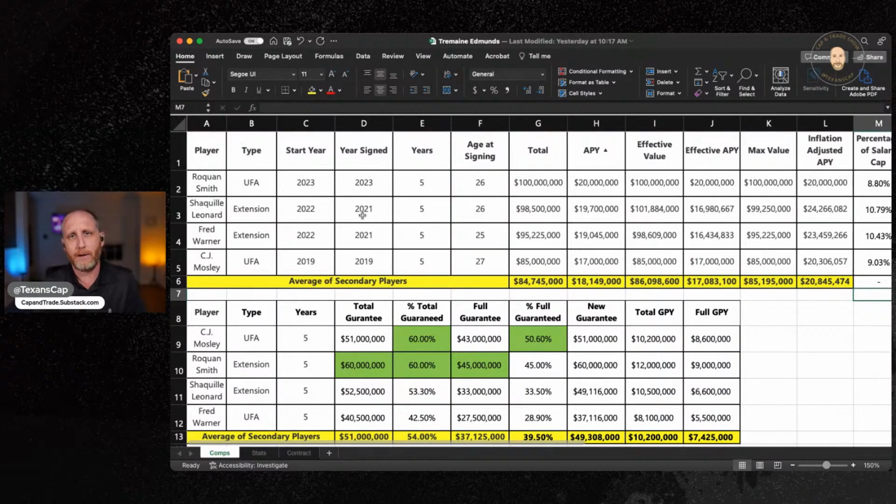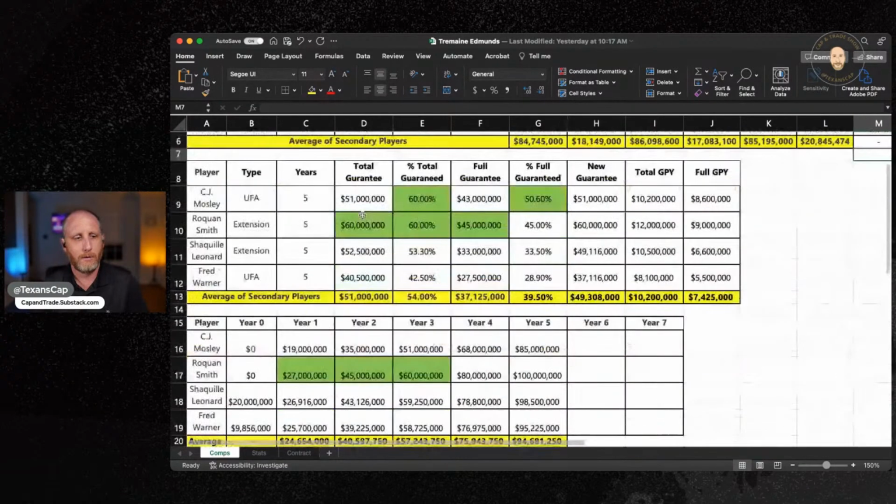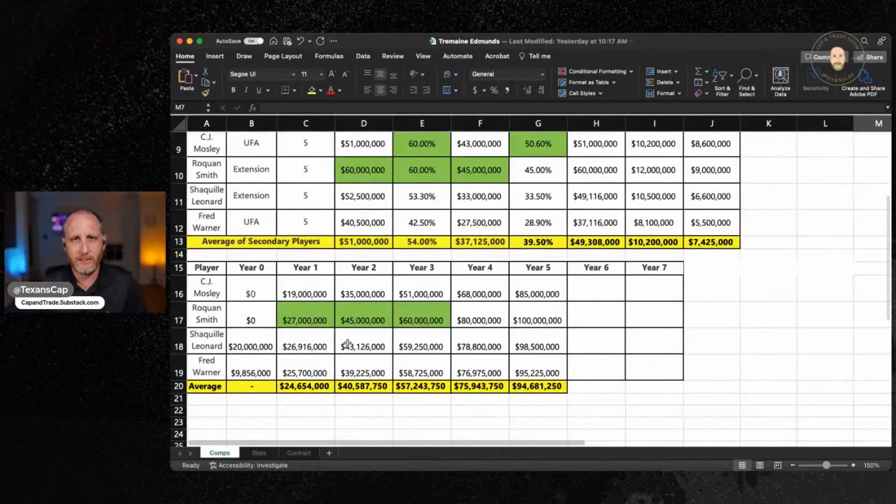So the new money starts in 2022. So the way we do it at OTC at overthecap.com is that new money is the money received on top of what he was going to earn prior to the new year starting. So this is essentially what he would have earned in 2021, and first new contract year, 2022. So this is what we're going to be looking at.